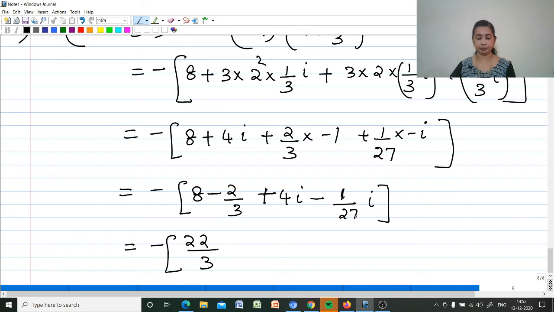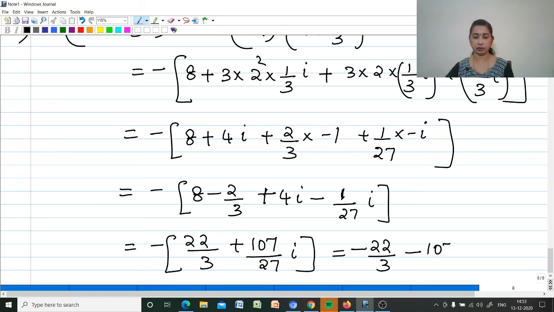Then here 27 into 4 is 108, 108 minus 1, that is 107. So plus 107 by 27i. Now we can multiply this minus sign inside, and we are getting minus 22 by 3 minus 107 by 27i. It is in the complex number form.